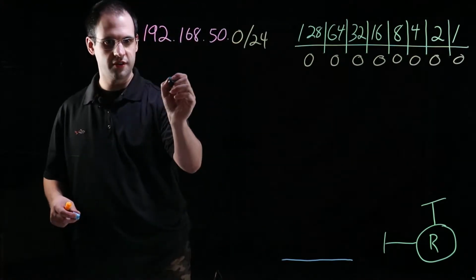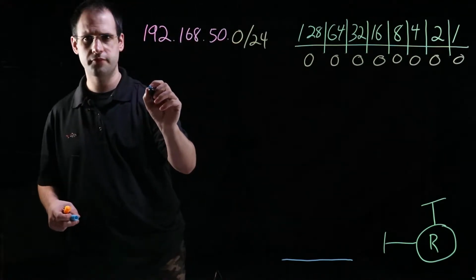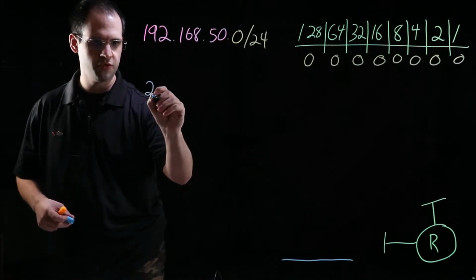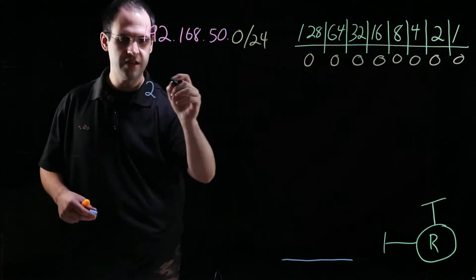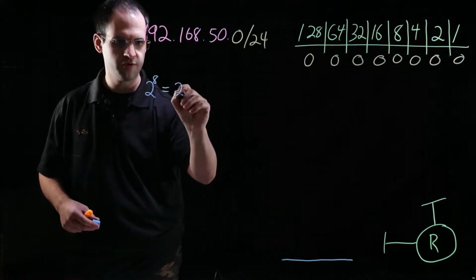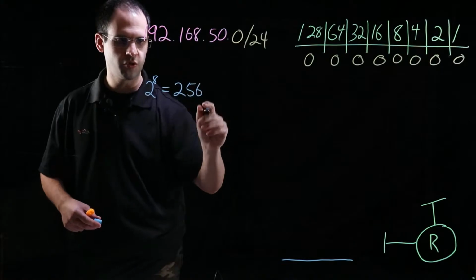So at the moment, we have our /24. This is a base 2 system, and we have 8 host bits, 2 to the 8th, or 256 total hosts.